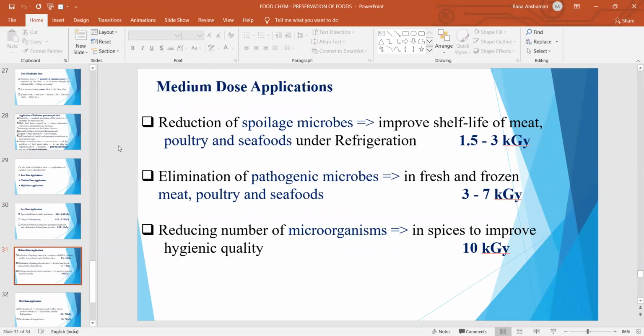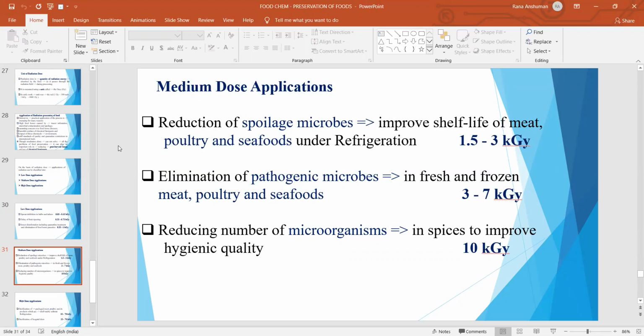Medium dose applications are used for reduction of spoilage microorganisms in order to improve shelf life of meat, poultry, and seafoods under refrigeration at the level of 1.5 to 3 kilogray, and elimination of pathogenic microbes in fresh and frozen meat, poultry, and seafoods.